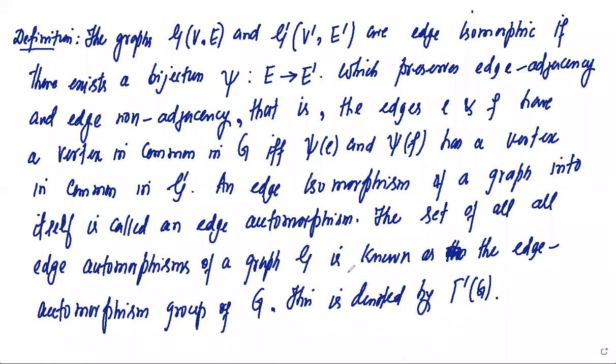And we had earlier seen that gamma 1 of G is the edge automorphism group which is induced by the vertex automorphism group.